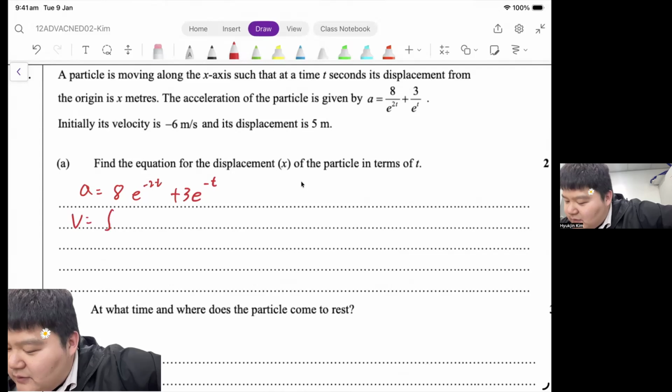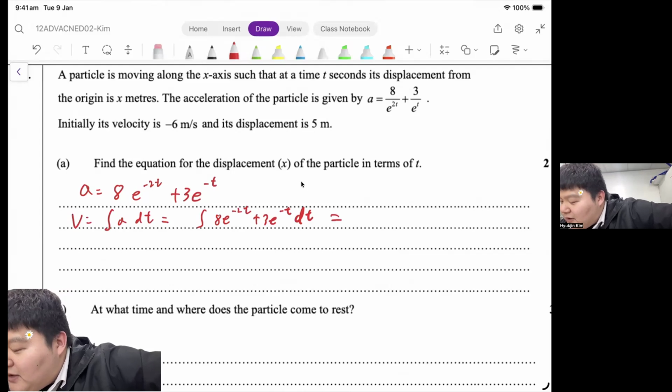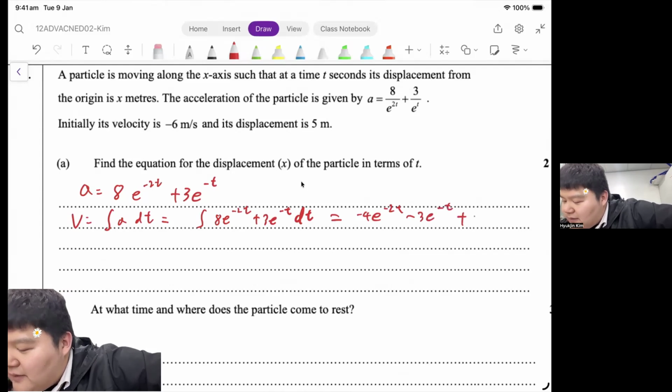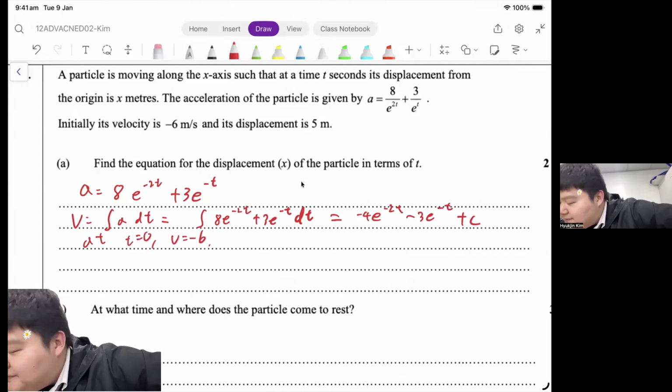Velocity is the integral of acceleration dt, which means the integral of 8 e to the power of negative 2t plus 3 e to the power of negative t dt. Now it becomes negative 4 e to the power of negative 2t minus 3 e to the power of negative t plus c. At t equals 0, velocity equals negative 6.